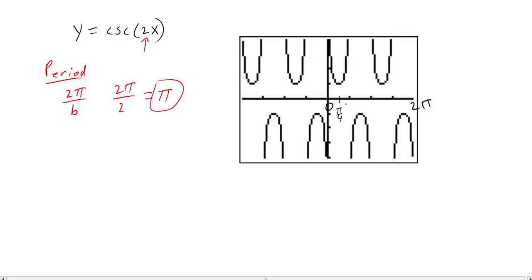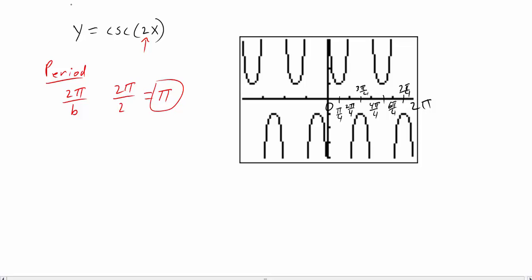Okay, and then this would be 2 pi over 4, 3 pi over 4, 4 pi over 4, 5, 6 pi over 4, and 7 pi over 4, and of course 8 pi over 4 would be 2 pi.